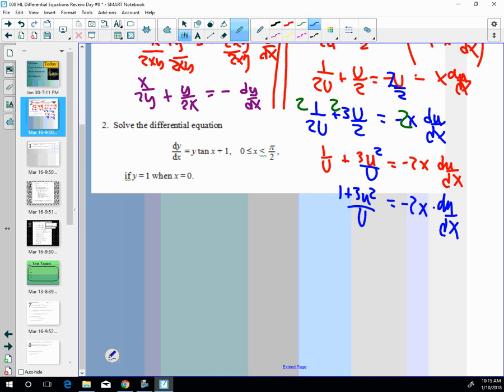And we're almost done with the yucky algebra. Move the u up here: u over 1 plus 3u squared. We can leave the 2 here, and the negative. That's fine. And then we have du on the top, and then I have dx over x on the bottom.